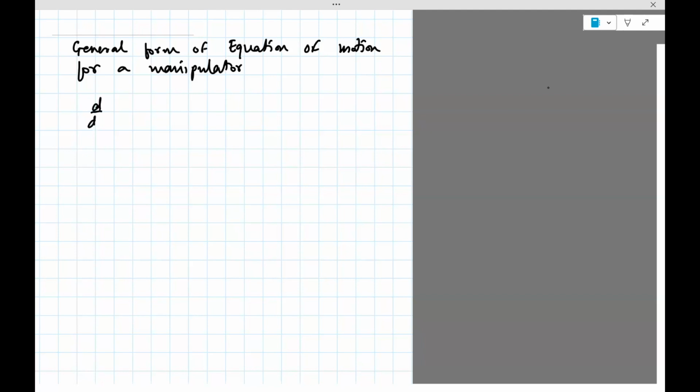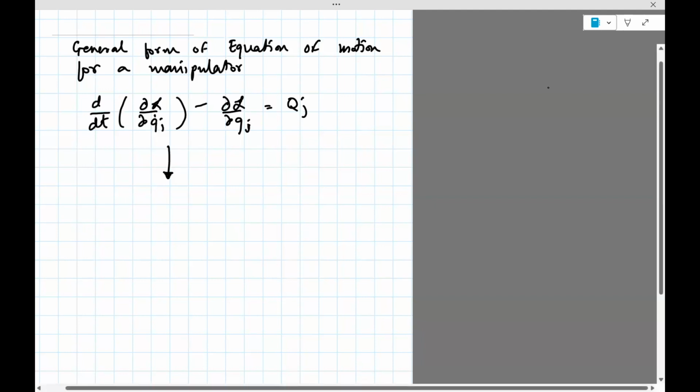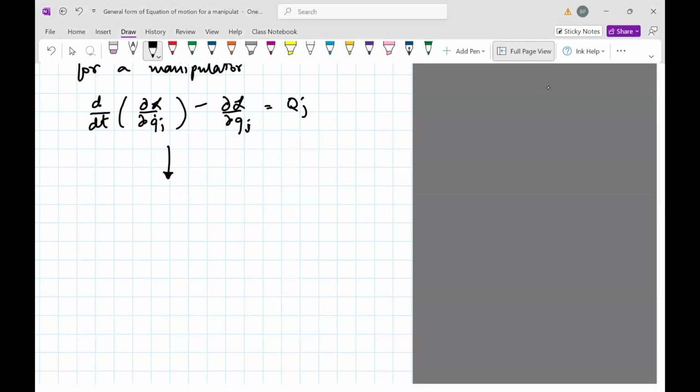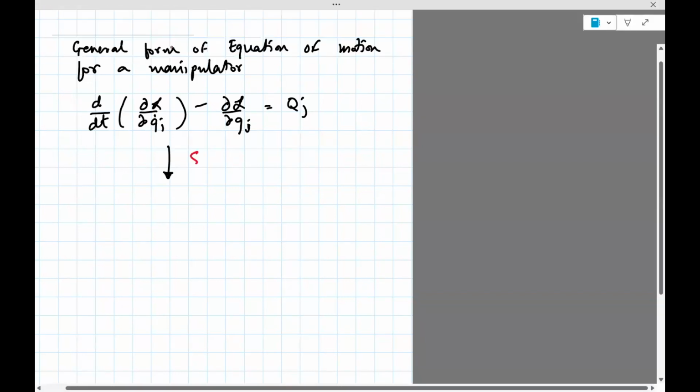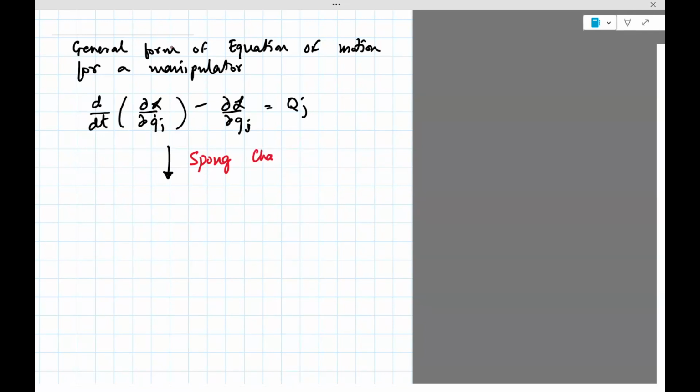So d dt of dL dq dot minus dL dq equals qj. When you pull this, I'm going to write this down without deriving it, but if you want to see how this comes, you need to go to Spong. There's a book, I think it's in the reference, chapter 6, I think.